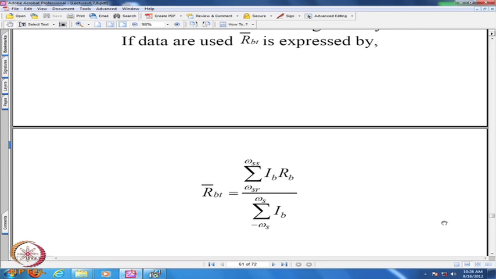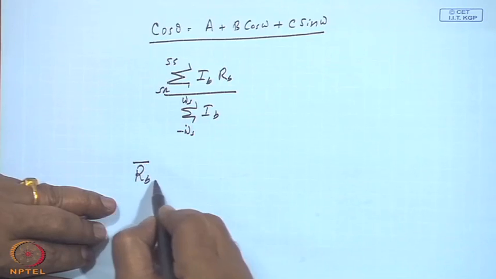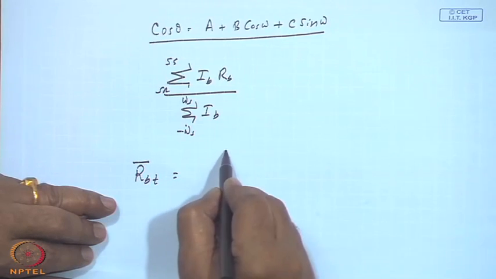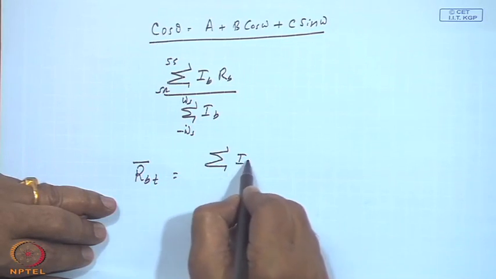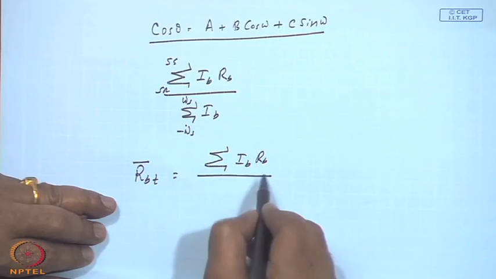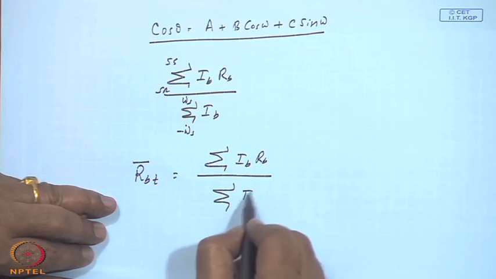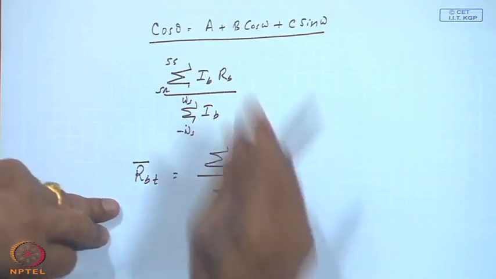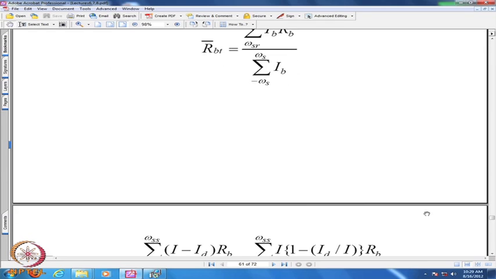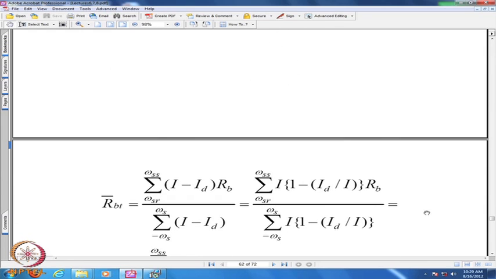So, if I use it for the terrestrial conditions, I am designating it with R_b bar T, which will depend upon the I_b R_b by sigma I_b. These are either data values, or we will see what simplification can be made.